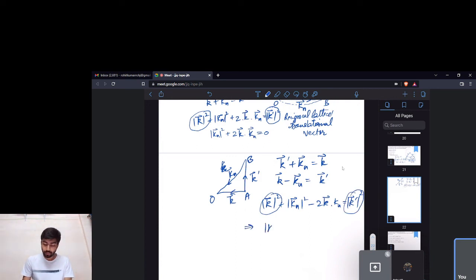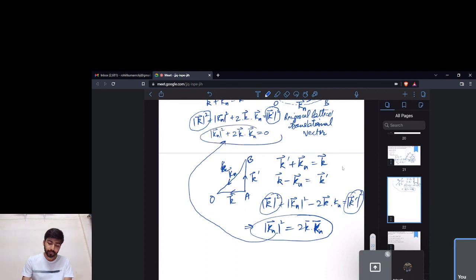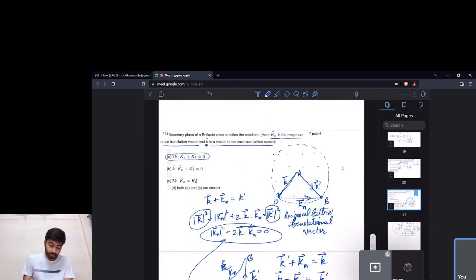We are left with the condition that k dot kn is equal to kn square by 2, which is also a similar condition as we have found here. So option C is also correct. A and C both are correct, so therefore the correct option for this question would be D.